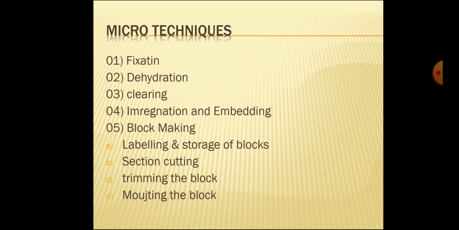This process is called dehydration, in which removal and replacement of water from the tissue takes place with the help of dehydrating agents. The dehydrating agents used are alcohol, acetone, and diethyl dioxide.